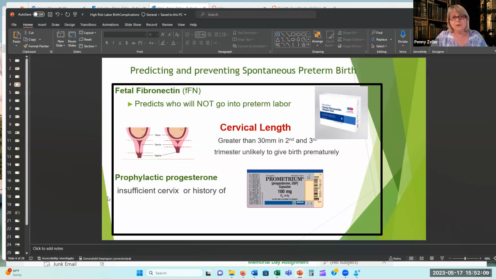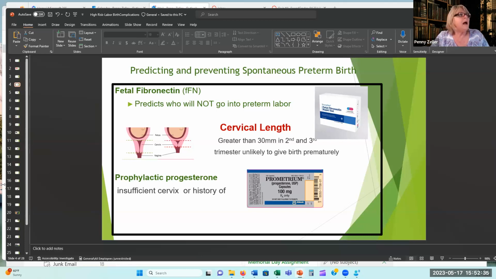Predicting labor: if you have a client that is leaking, we need to test that for amniotic fluid, but if she isn't, we can sometimes predict if she's going to go into labor by doing what's called a fetal fibronectin test. Fibronectin is a substance released by the fetus that lets us know that there is a possibility that she could be going into labor.